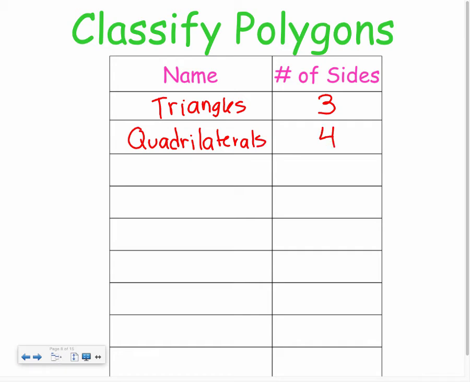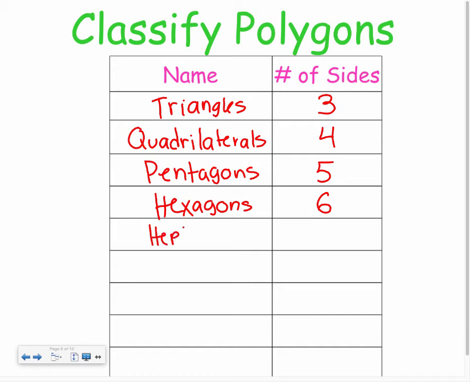Those have 4 sides. Pentagons are the next type, and those each have 5 sides. Hexagons have 6. Heptagons have 7 sides. Octagons have 8.